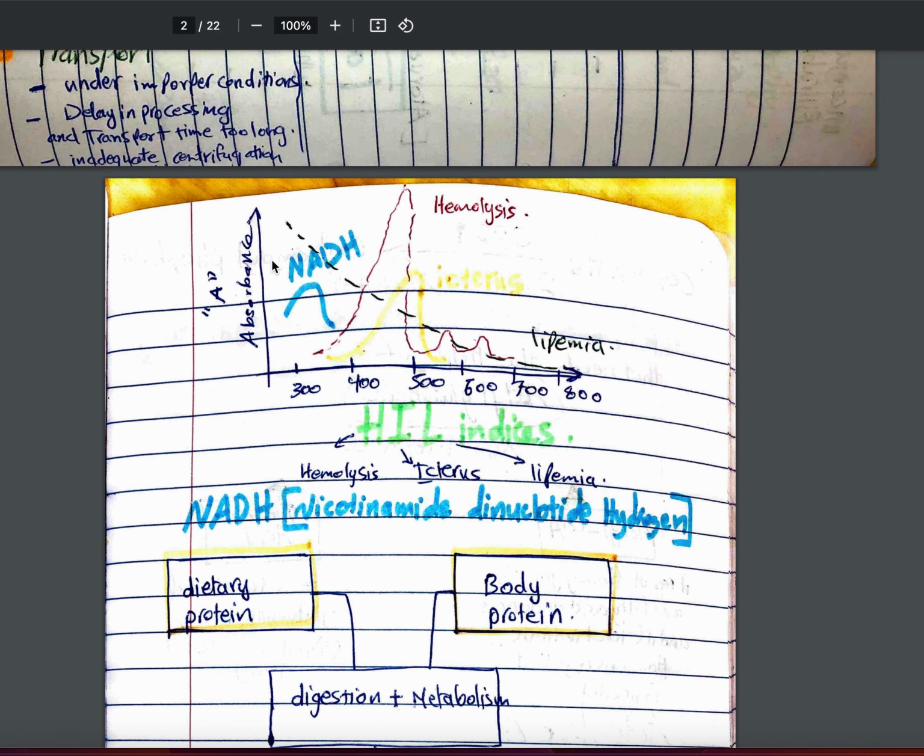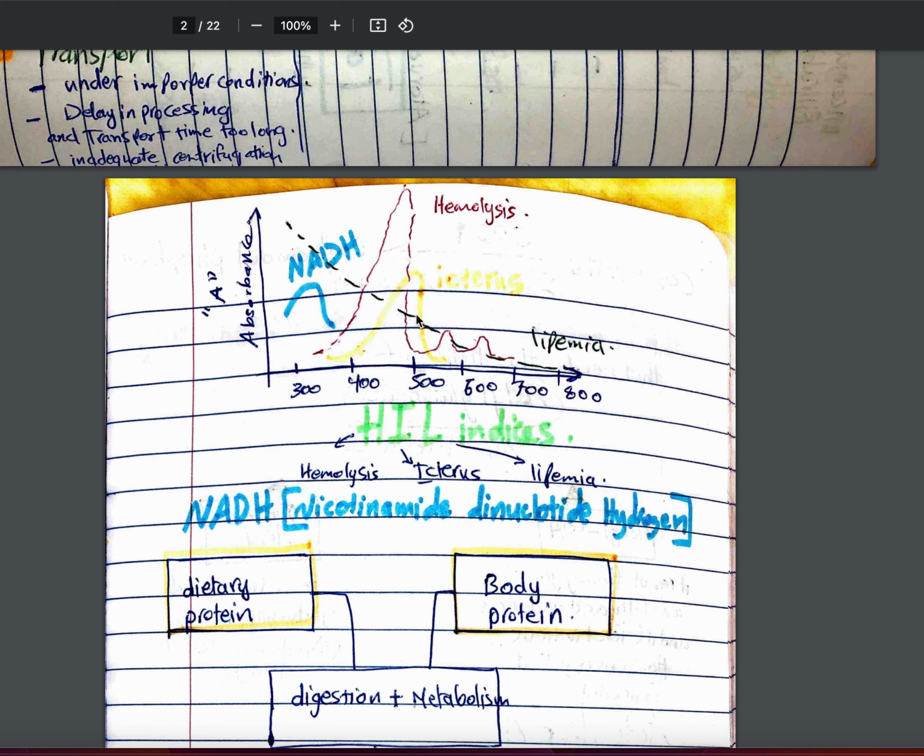Here we are talking about the absorbance of each one. As you can see here, NADH, and we said the absorbance of NADH is 340 nanometers. About hemoglobin, it is a wide range, but it is actually between 400 and 500.